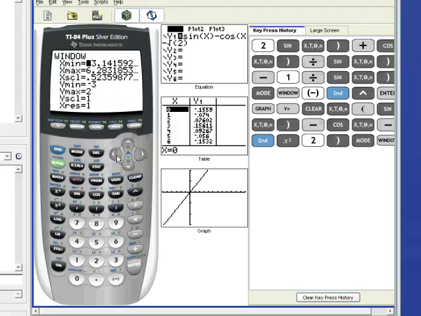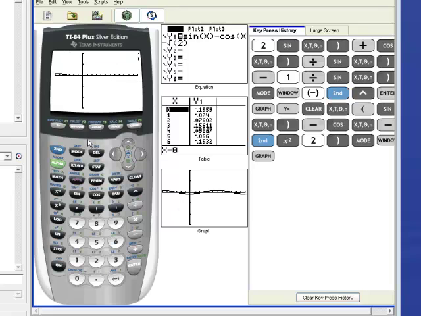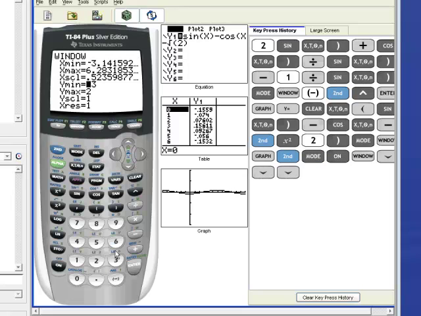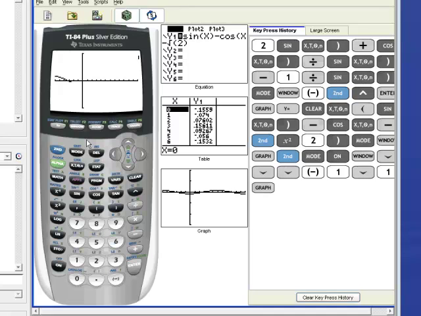Negative pi to pi. I don't know about the y here. That might be all right. Oh, really close to the x-axis. I don't know how to stop it. Okay, so I'm going to do only -1 to 1 graph here.